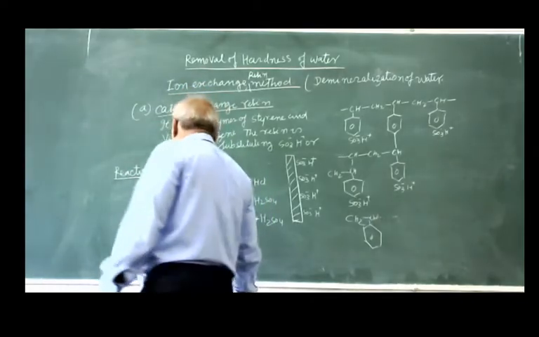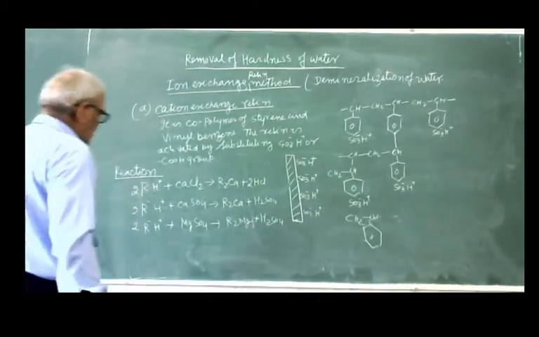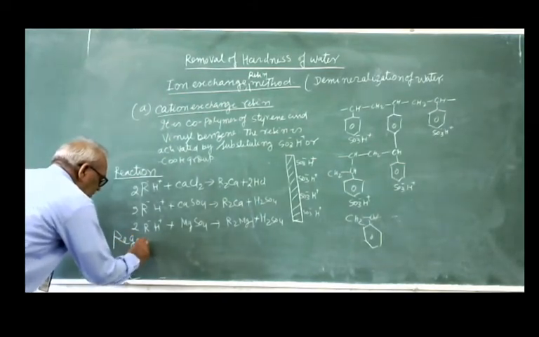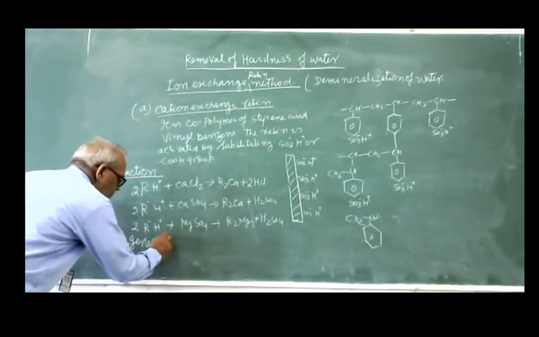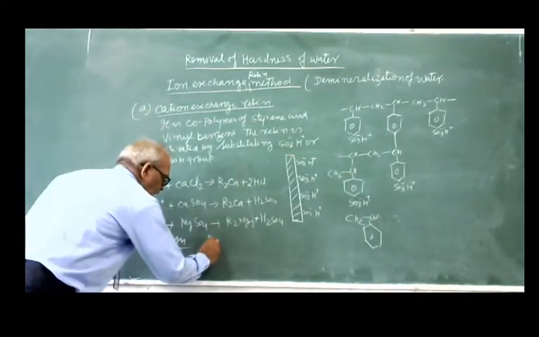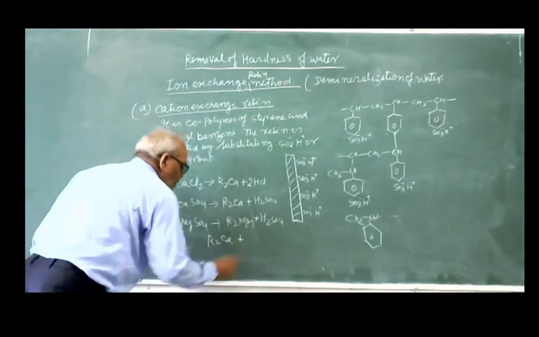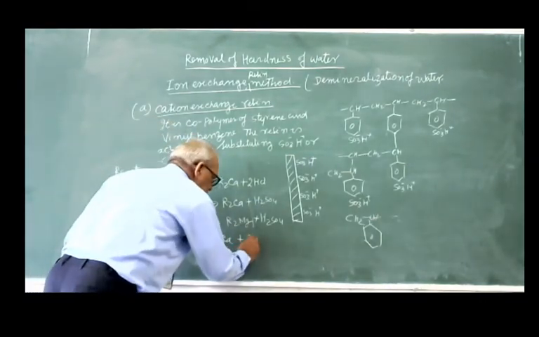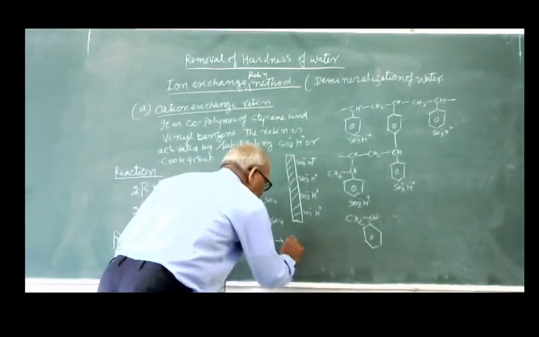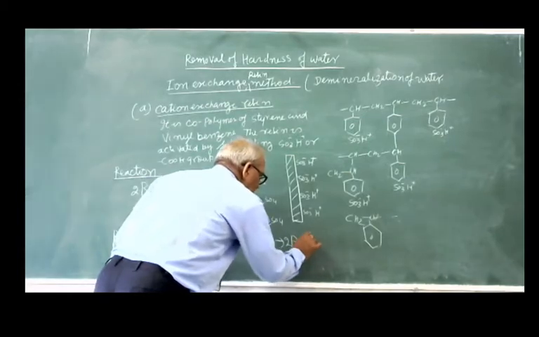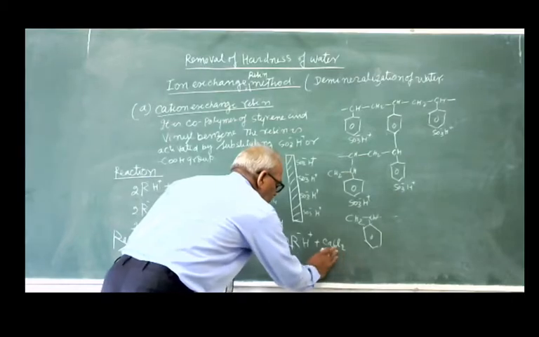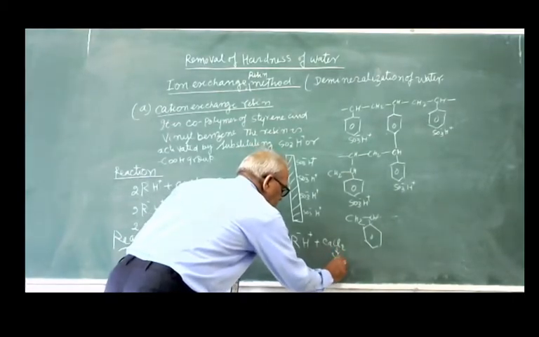This is the regeneration. Suppose this is R2Ca, so with 4 HCl you will get RH plus calcium chloride, soluble.